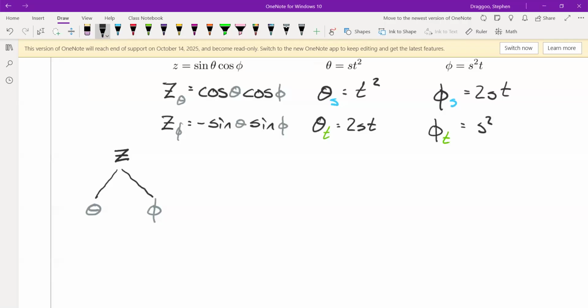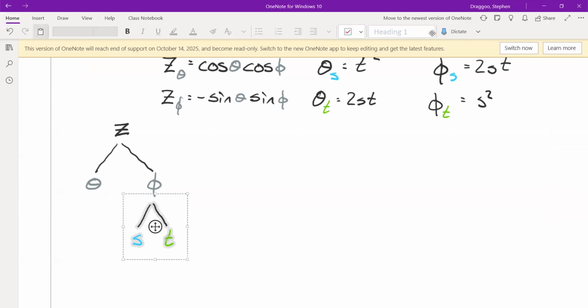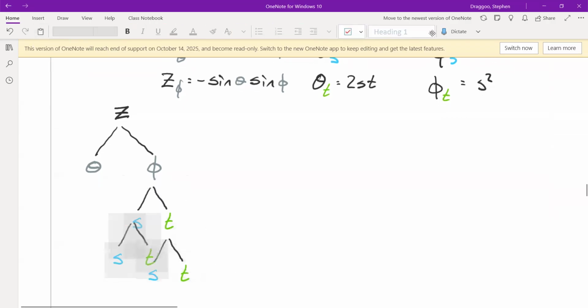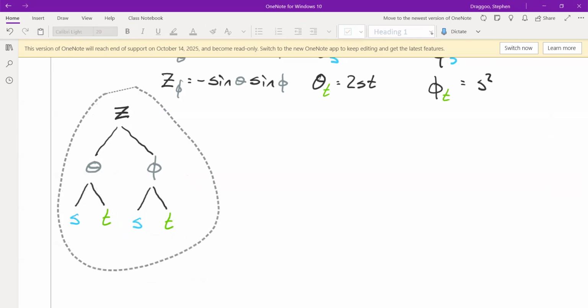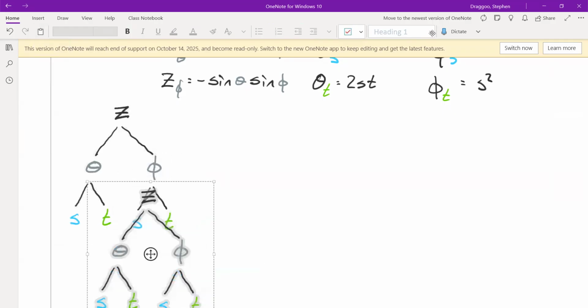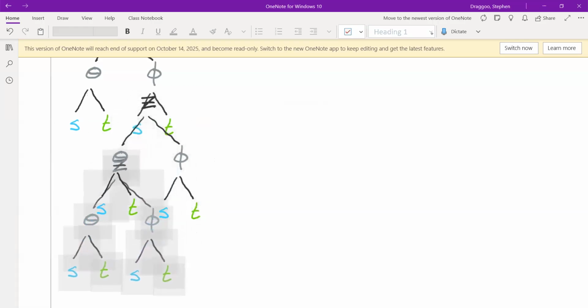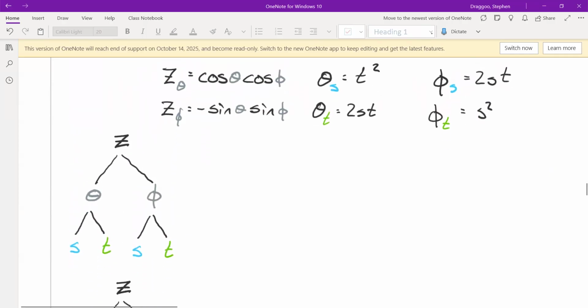And then each of those two intermediate variables, phi and theta, I'm going to think of them as functions of s and t. And since I'm going to be looking for a couple of derivatives here, I'm going to create a copy of my tree diagram and just move it out of the way for right now. I'll come back to it in a second.